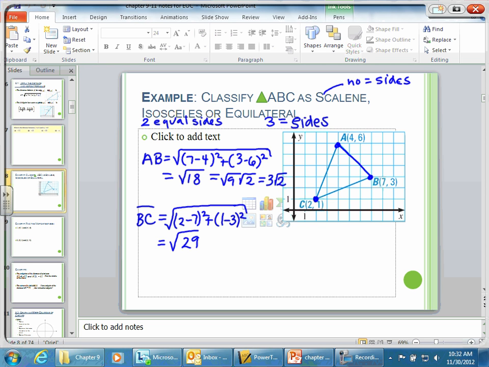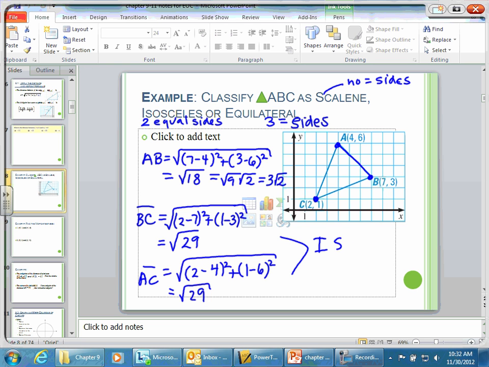So let's go find the last one, AC. And I got this to also be the square root of 29. So this tells me that the triangle is an isosceles triangle. Two equal sides. Woo.